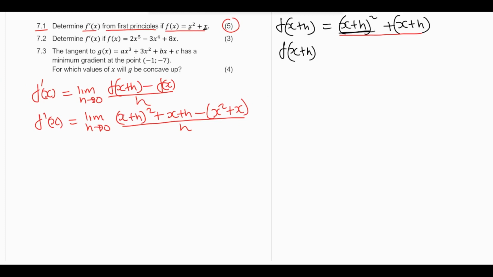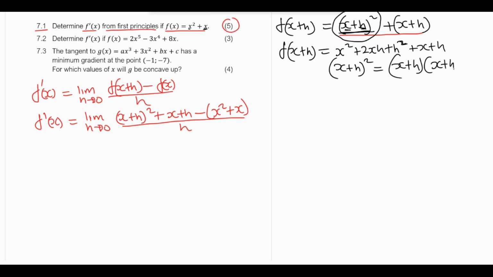This is a square binomial. So you can say x squared, square the x, becomes x squared. Then 2 times x times h is plus 2xh, and then you square the h, plus h squared. And then plus x plus h. Right. If you want, you can use the FOIL method here. Remember, x plus h squared is equal to x plus h times x plus h.